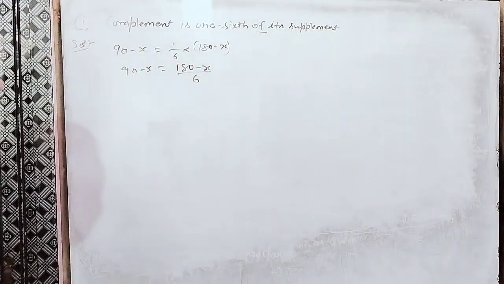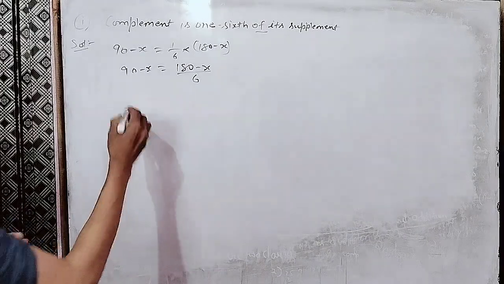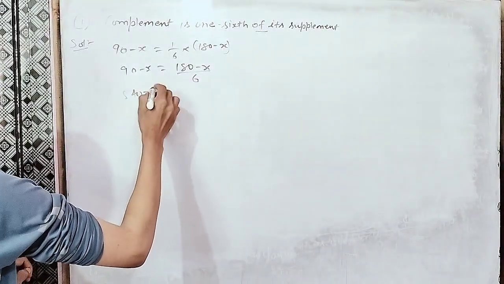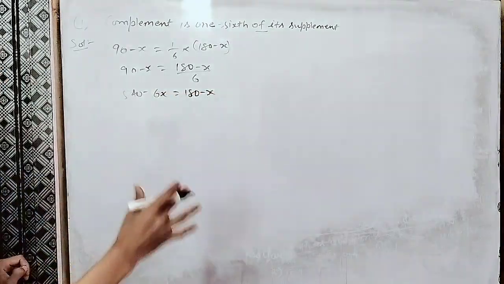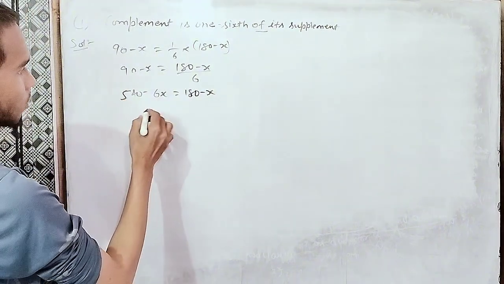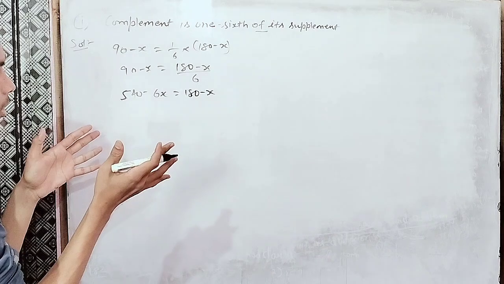Multiply: 6 times 90 is 540, so 540 minus 6x equals 180 minus x. This is a linear equation. Here we will put the variable on one side.